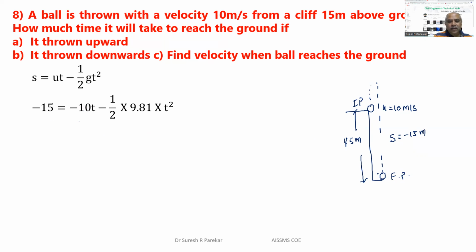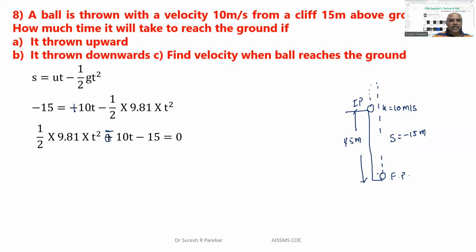So we have, this will actually be plus 10t because we have thrown upward, minus 15, and that is minus half into 9.81 into t square. Now we have half into 9.81 into t square minus 10t minus 15 equal to 0, because as we are throwing upward, this value should be plus.